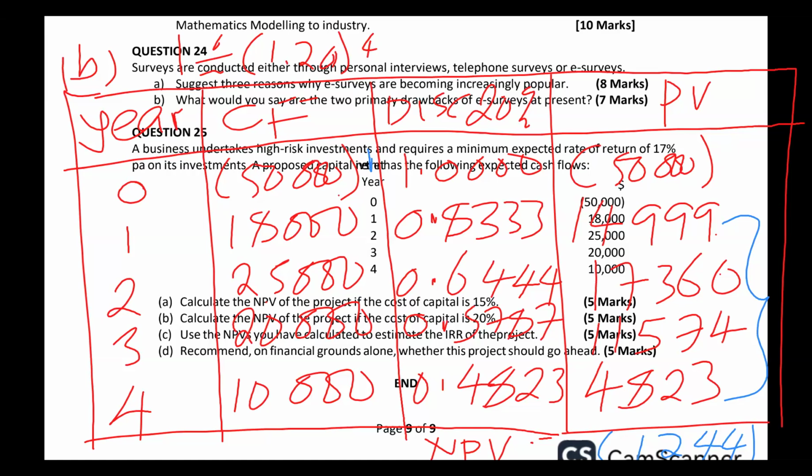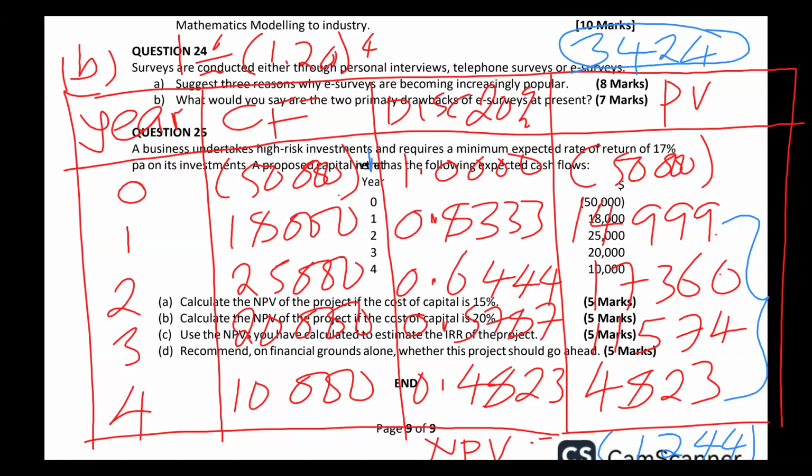Was it 3,425? Sorry? It was 3,424. Yes, because you had written it at the bottom of the table, you said NPV equals 3,424. Okay.